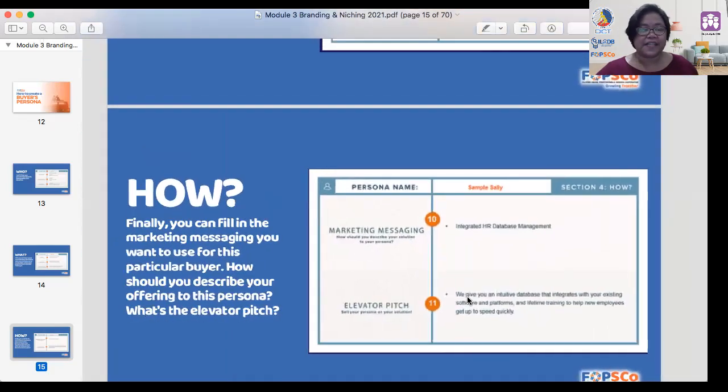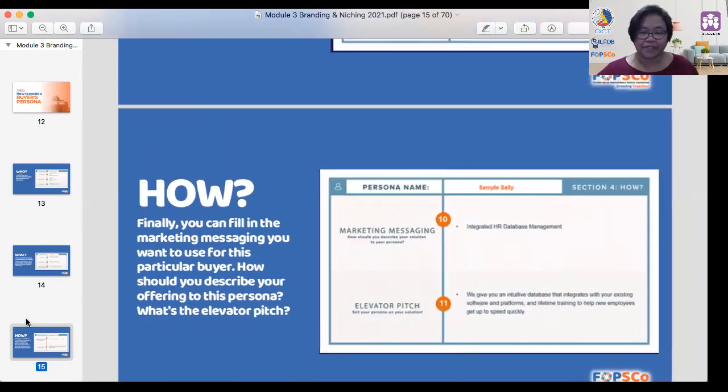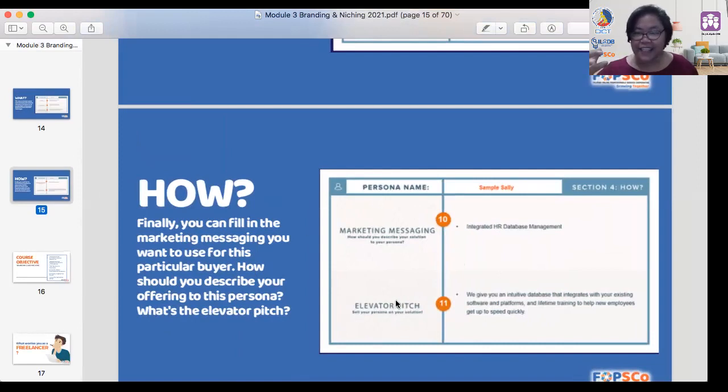So that's the elevator pitch, okay, which is so concise, but in one sentence like that, it captures the services that you can give her.